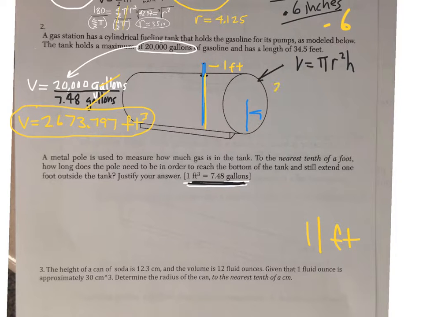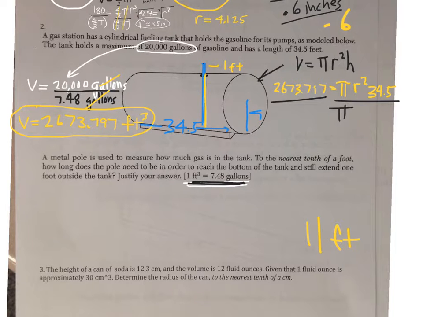So the volume we found out was 2673.797. And we got pi. The radius we don't know. And the height of the tank, well, they told us it was 34.5 feet all the way across. So that would go there, 34.5. Okay, and then you're one small step away from getting r squared alone.